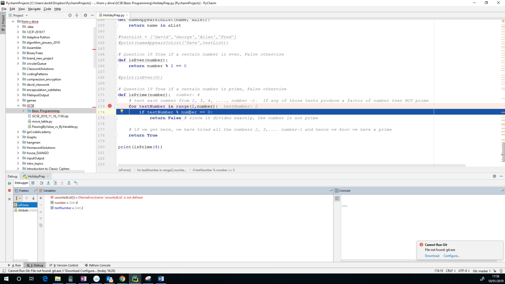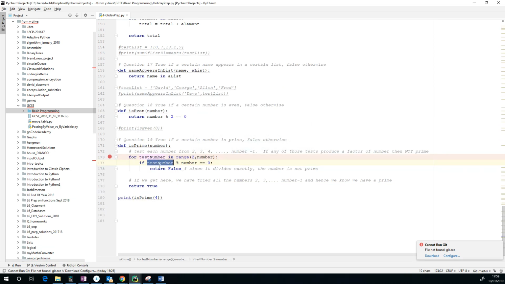Is 2 percent number? This is the wrong way round. This should be number percent 2. Because what we're trying to do is take our number, like 20, and see whether it divides exactly with this test number. So that's what's wrong.